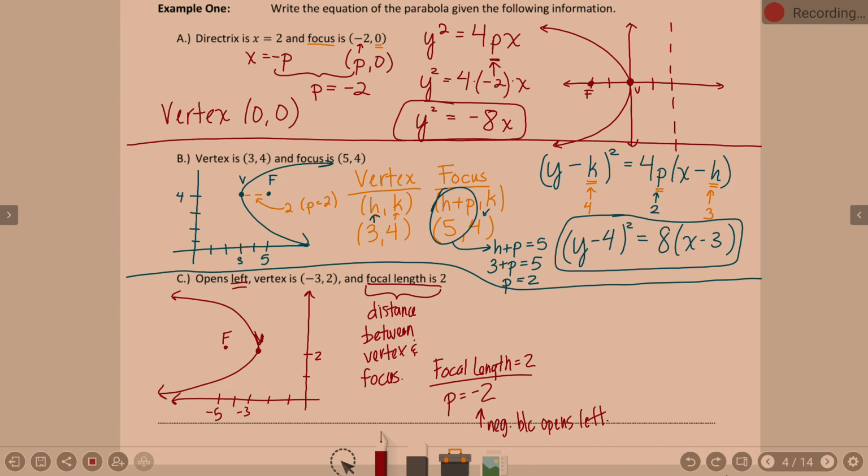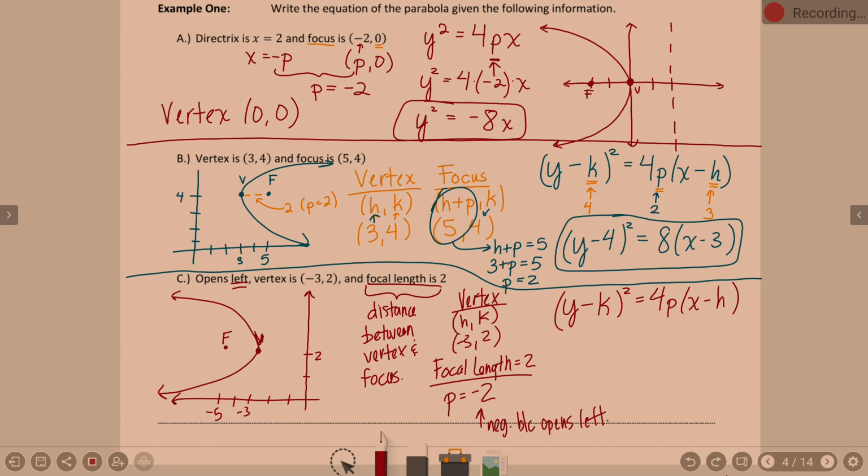I always need 3 things, P, H, and K. Do we have H and K? Yeah, that is my vertex, yes? So h is -3, k is 2. Which equation am I using? Okay, it's that right one on the HK chart. So y minus k quantity squared equals 4p times x minus h.